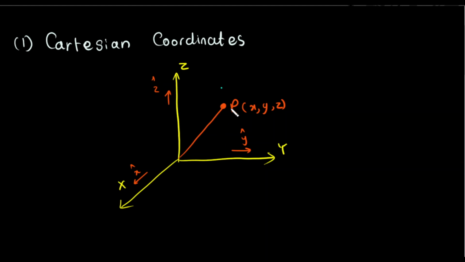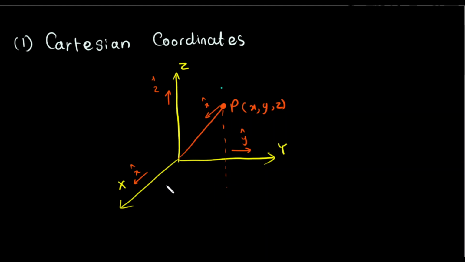If we have a position like P, this position consists of x, y, z coordinates. Along the x hat direction, we have the x coordinate.